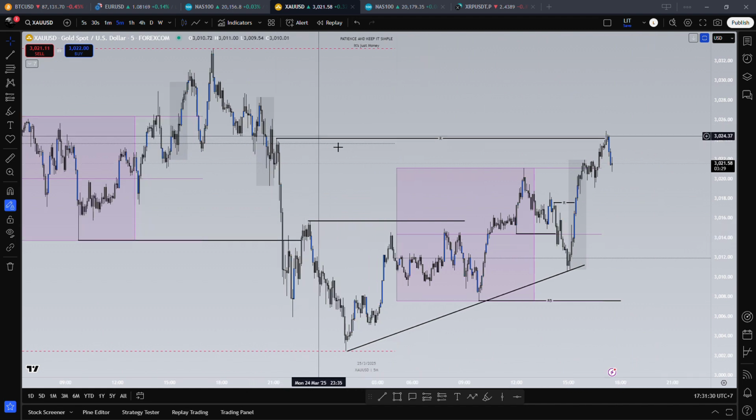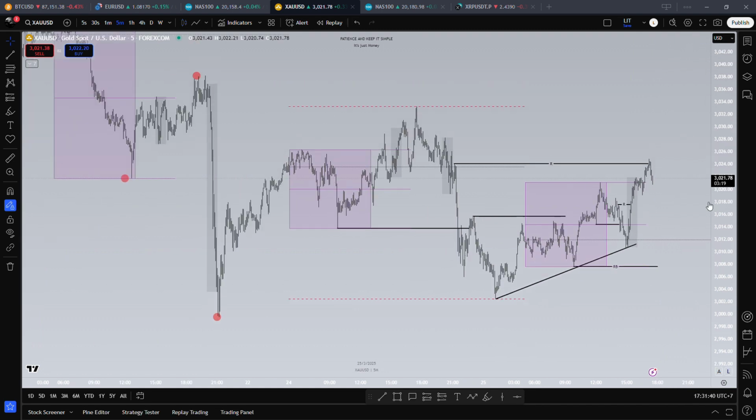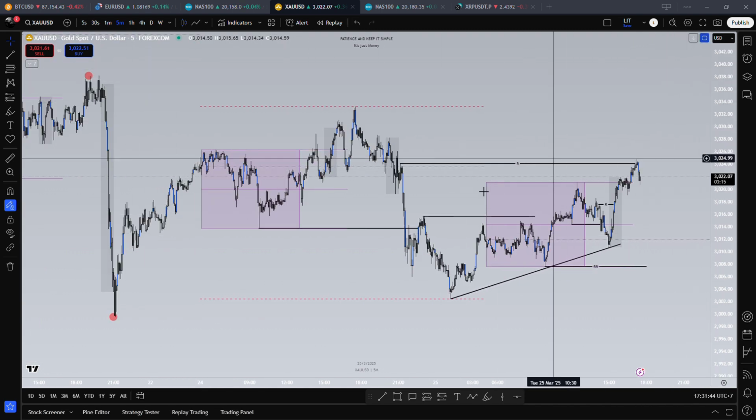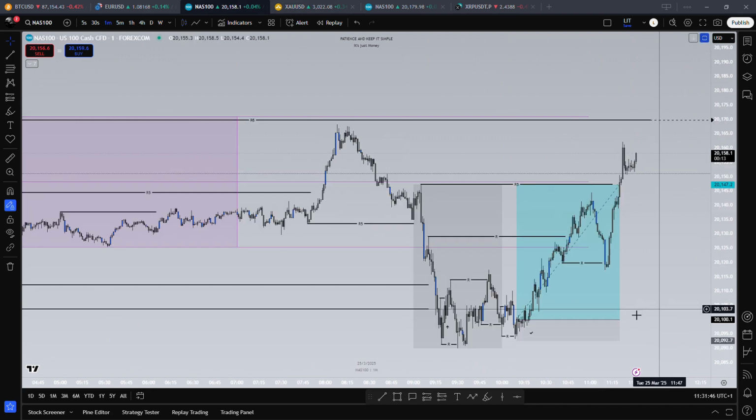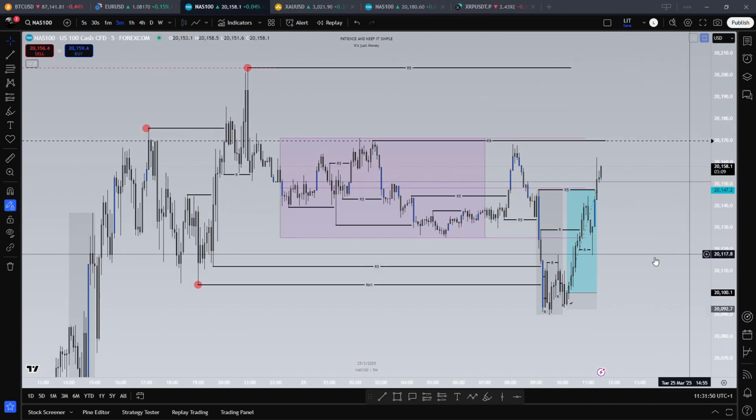We took here relevant liquidity to the left that broke this point. So I'm not going to trade it, but probably we are going lower to take liquidity here and then go higher, or maybe we are going higher to take liquidity to the left and then go lower. I don't care. I'm happy with those trades that I took here.